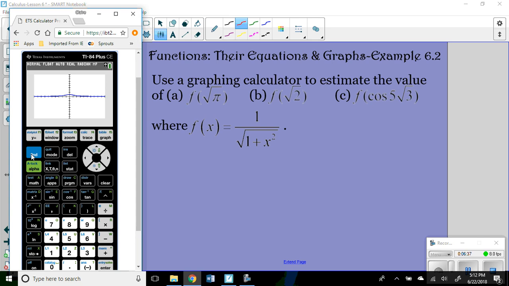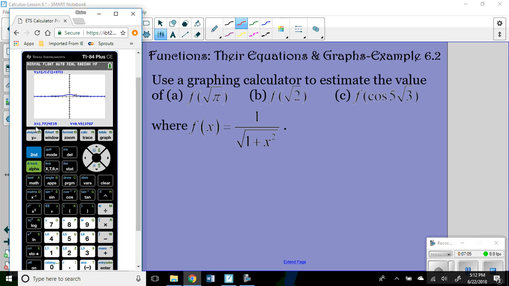And so you're going to go to calculate, you're going to hit second, trace, and you're going to go to, any guesses? Hopefully you guessed 1, value. And so our x value, if you look here, it says the square root of pi. So you're going to type in the square root of pi and then hit enter. It's going to tell you what the square root of pi is.